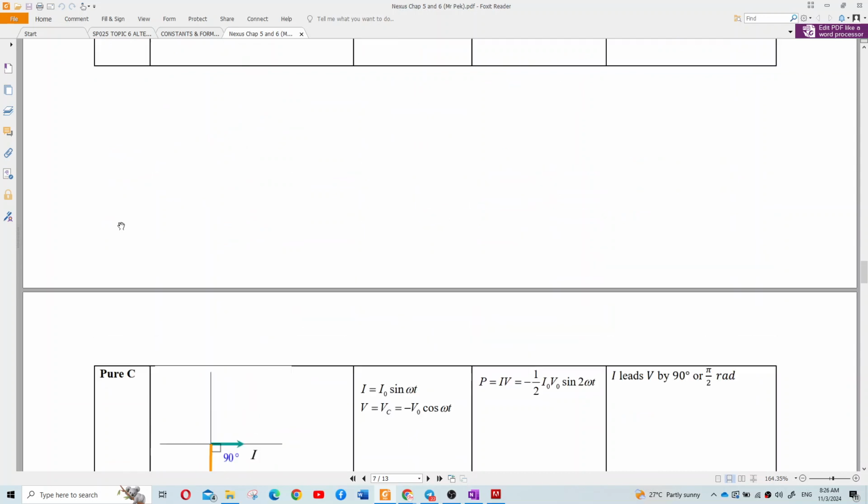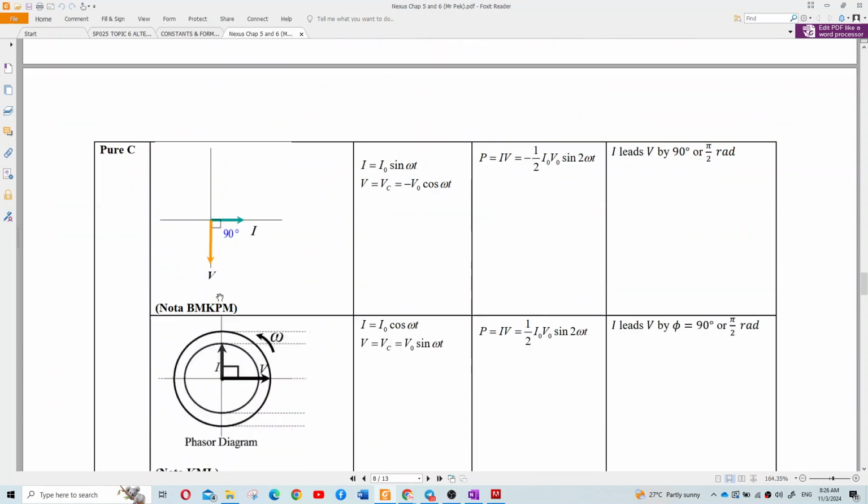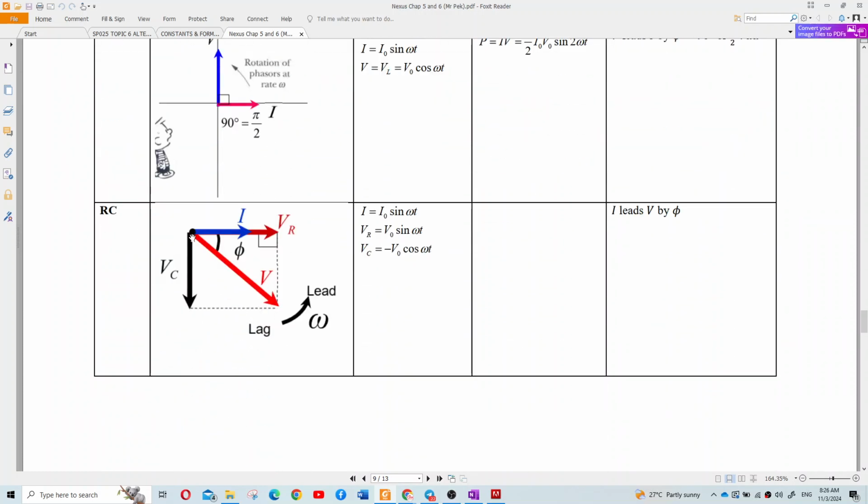So look at resistor. The resistor voltage is in phase with current. For capacitor, the voltage is below. See that, the voltage is below. So we combine these two. We have VR for resistor, VC for capacitor. Just combine the phasor diagrams.